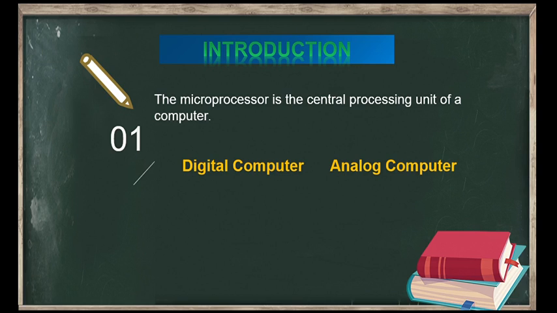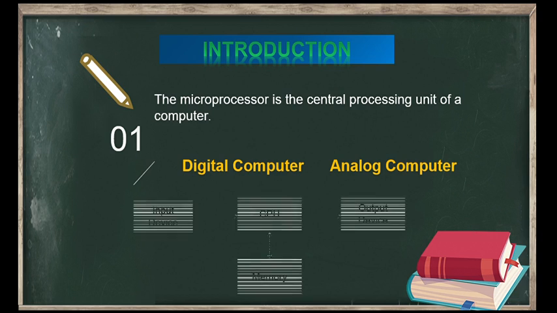Nowadays, computers which are commonly used are digital computers. Analog computers have specific applications. They are used for some specific scientific and engineering purposes. A digital computer is a programmable machine. Its main components are CPU, memory, input device and output device, as shown in this figure.